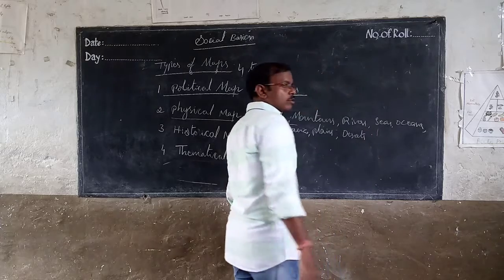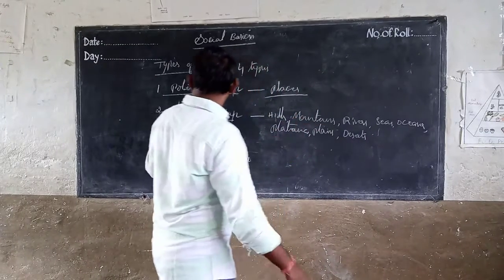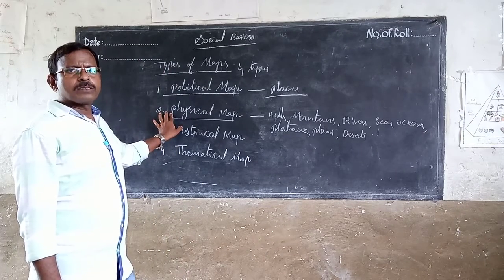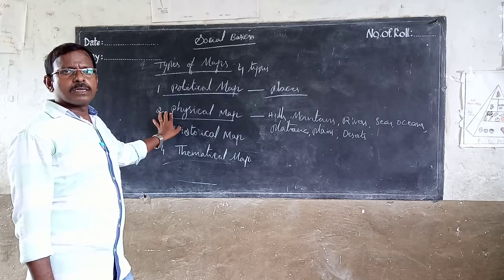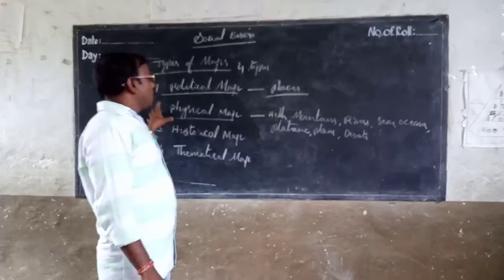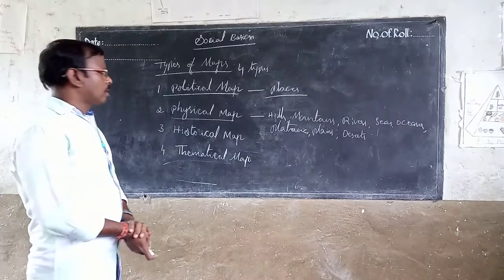Already we have discussed the total landforms. Everything we can see in the physical map: lakes, straits, gulfs, bays. So landforms we can see in the physical map. Mountains, hills, heights, everything.